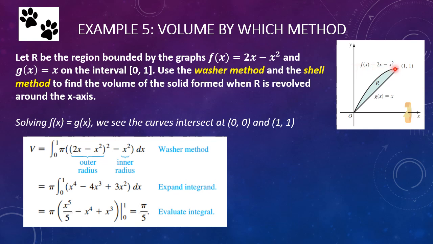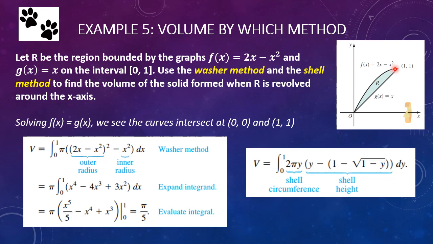So we're going to have to rewrite each of the functions in terms of f of y instead of f of x. And so again, it's 2 pi times the y value, which gives the circumference of the circle as we revolve around the x-axis.